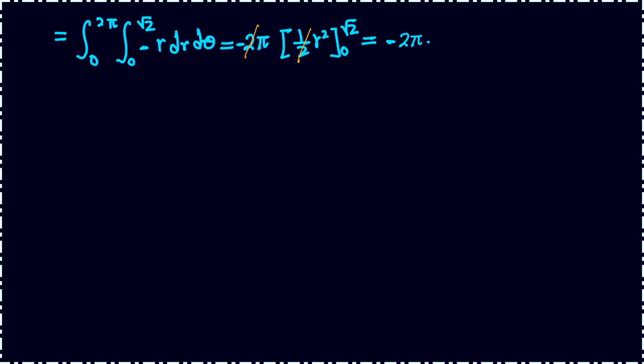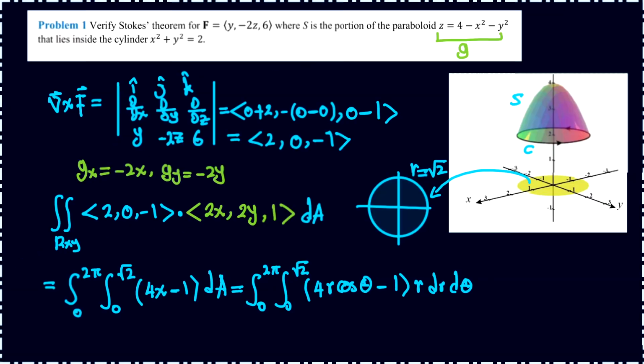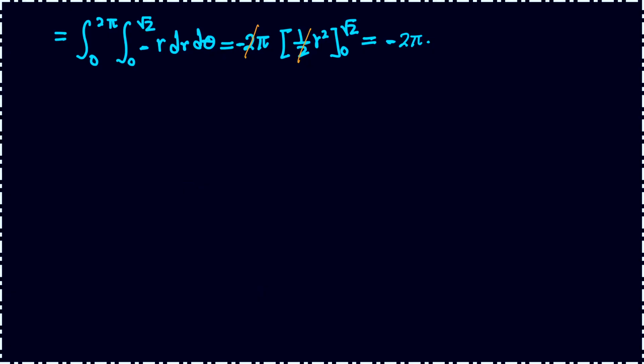So the work done by the vector field to move a particle around this curve is negative 2 pi. The vector field is doing negative work.